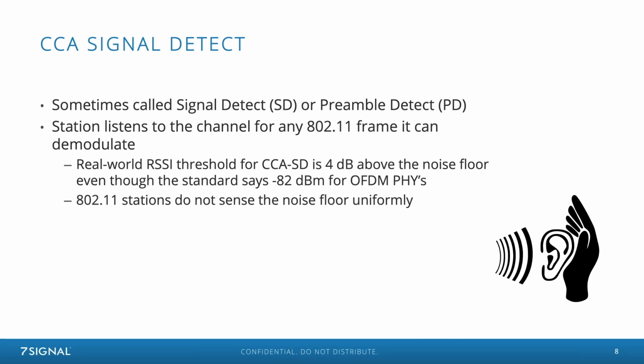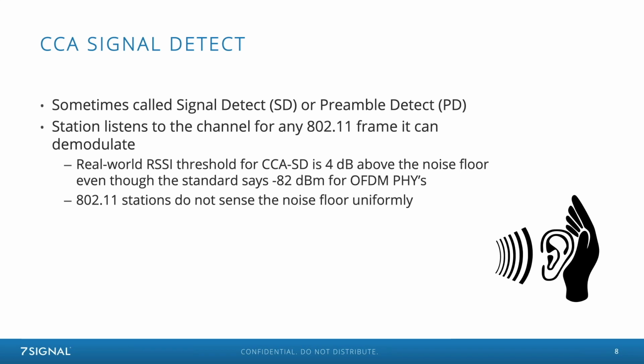Sometimes this is called preamble detect, because we're not listening for just any signal in the radio sense of the word. We're listening for an 802.11 transmission. That's why preamble detect is a more accurate term, but the standard says signal detect more often, so that's what I'm going to go with.